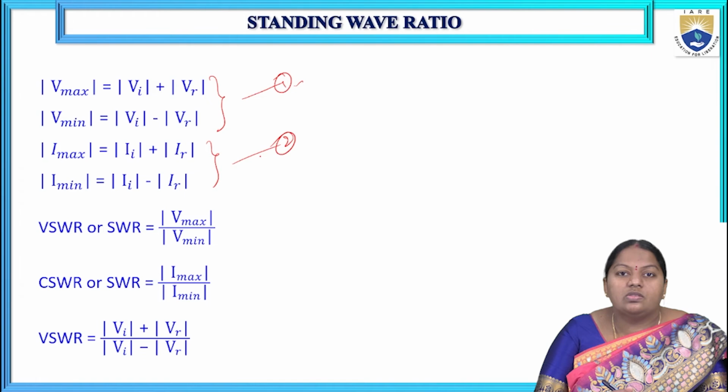Depending upon V max, V minimum, and I max, I minimum, now we are going to write the equation for standing wave ratios.